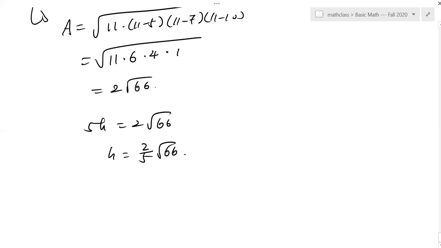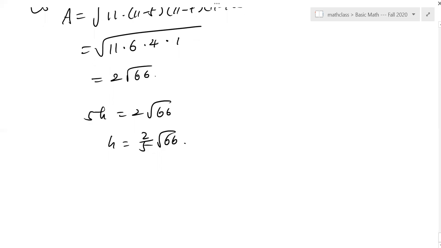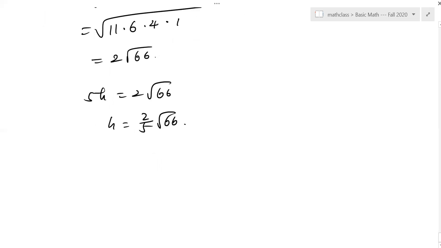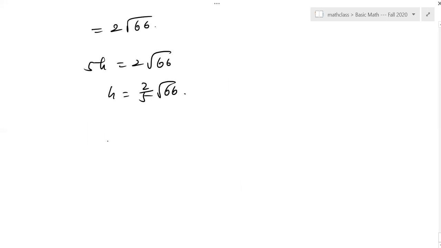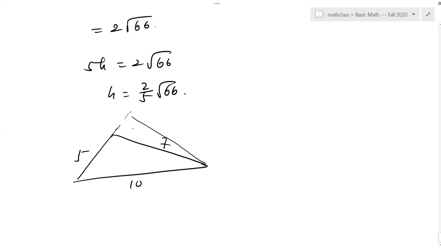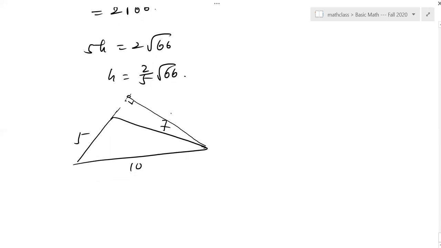Right. So given the area, if you know the area, you can figure out the height. Actually, all the heights you can figure out. Like here's a 5, here's a 7, here's a 10. The height to the other side will be like this, so let's call it another height, x.